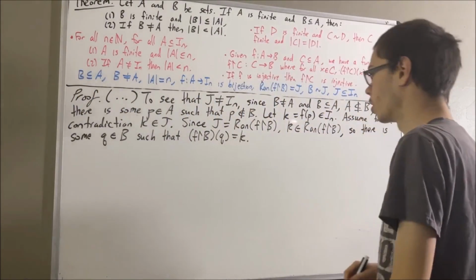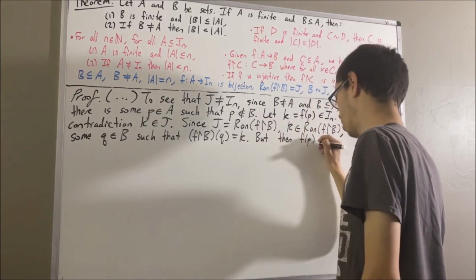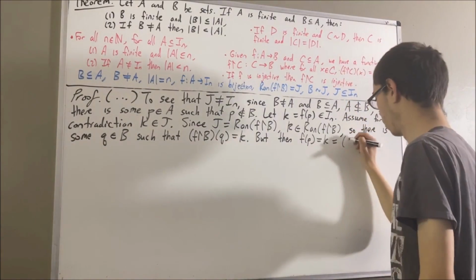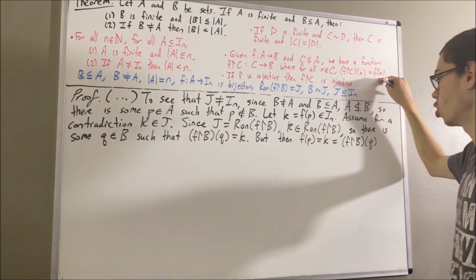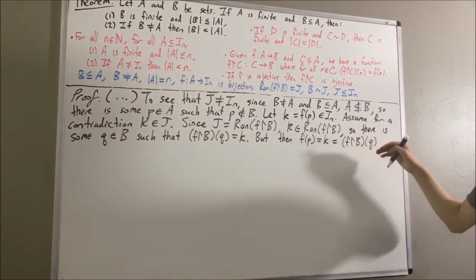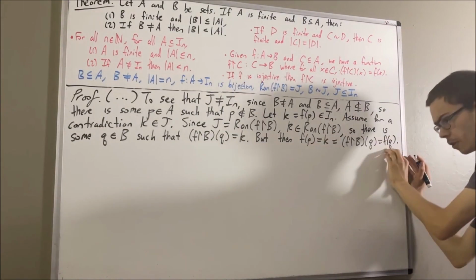But now, we see that f of p is equal to k, which is equal to f restricted to b evaluated at q, and by the property of restrictions that we have here, we know that f restricted to b evaluated at q is equal to f evaluated at q. So we see that f of p is equal to f of q.